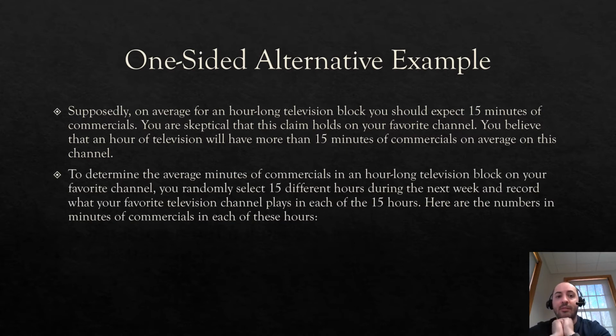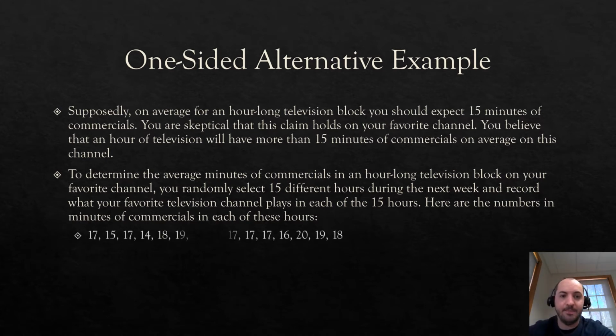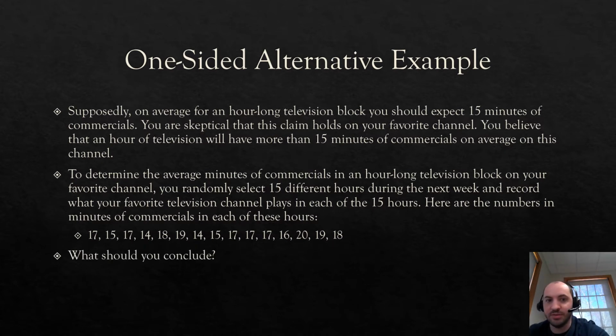To determine the average minutes of commercials in an hour-long television block on your favorite channel, you randomly select 15 different hours during the next week and record what your favorite television channel plays in each of these 15 hours. So you're dedicated here. Here are the numbers that you get. This represents how many minutes in each of those hour-long blocks played commercials. So, what should you conclude from this?